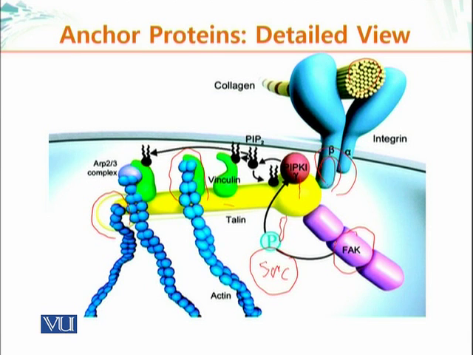We'll talk about focal adhesion kinase in the next module, but basically FAK activates SRC, and SRC activates PIP kinase. Activation of PIP kinase results in activation of the talin domain, this yellow ball-like domain, and in this activated state, the domain can bind the beta tail of the integrin molecule.